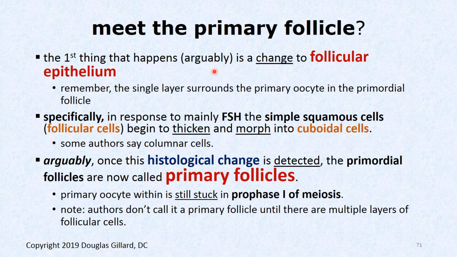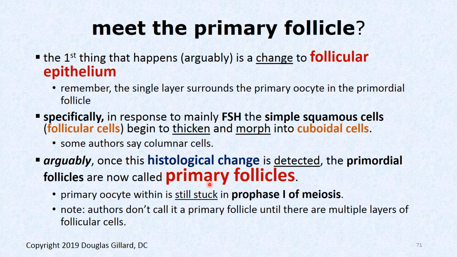So the first thing that happens is that single layer of epithelial cells morphs into a cuboidal layer. And at that point, once the cuboidal cells replace the squamous cells, we get a new name. Again, this is arguable. For our purposes, the primary follicle is born.